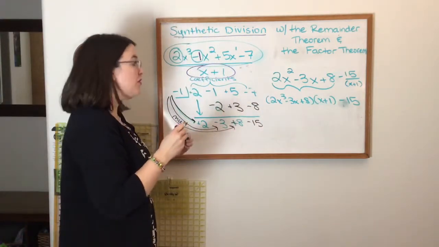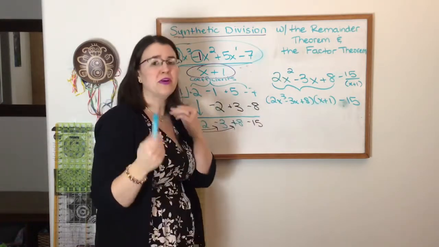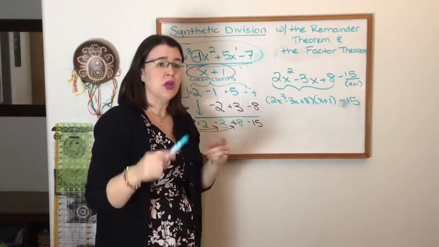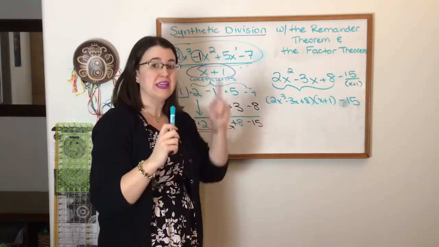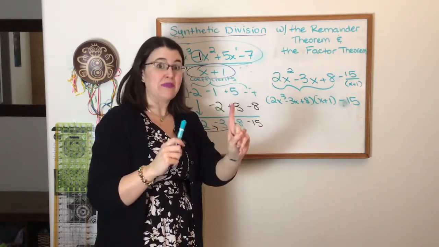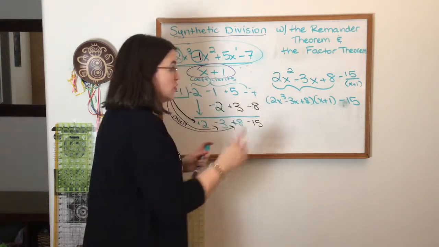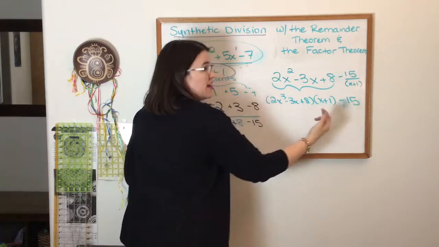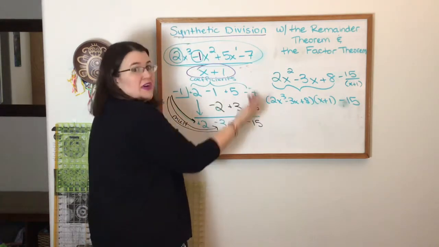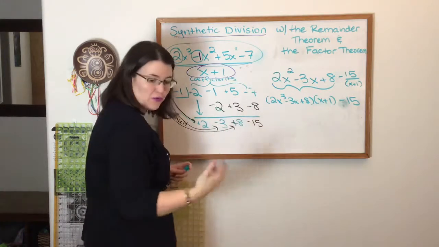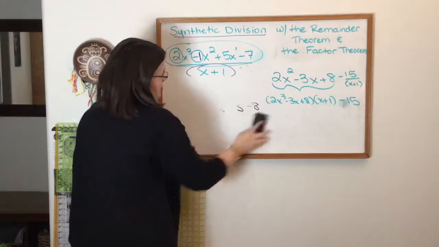Now the remainder theorem, and I'm going to do this same problem with the remainder theorem. The remainder theorem is an option to use when you don't need to divide, you don't need the full answer. All you want is to see, is it divisible evenly? So is it a factor? Or you want just the remainder. So this one is not an even dividing, because if it was, this would end in a 0 because it would have divided perfectly and I wouldn't have any leftover bits. The remainder theorem can test that for you.